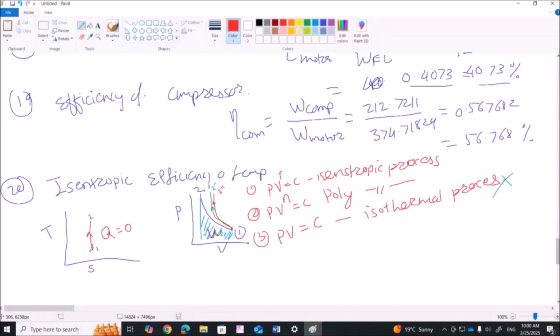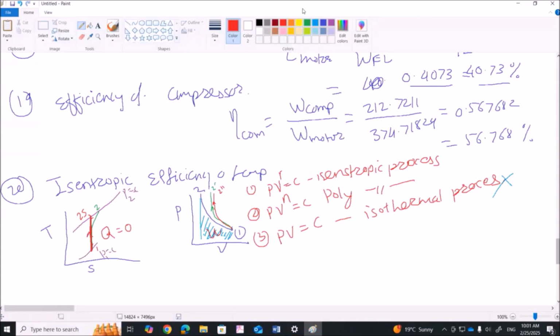Here the polytropic process will be shown in green color. So this is a polytropic or actual process. So this is a pressure line. I will make the pressure line. So here P2 and here P1. So point 2 will be here, this is the actual compression, and 1 to 2s, a straight vertical line, is the isentropic process, denoted by 2s.